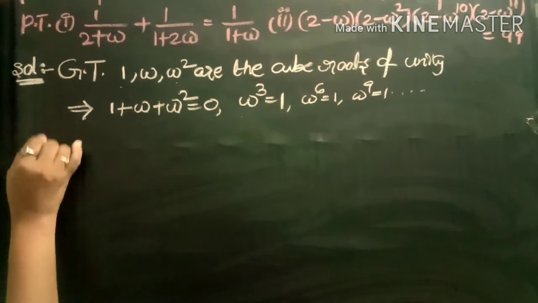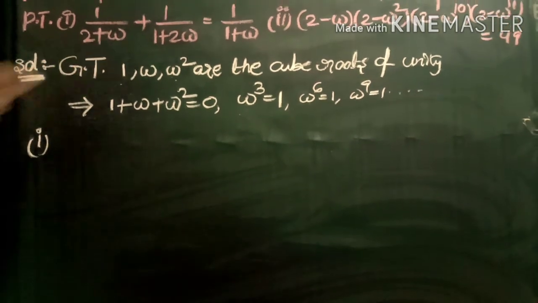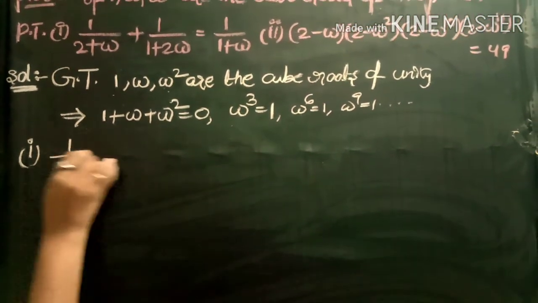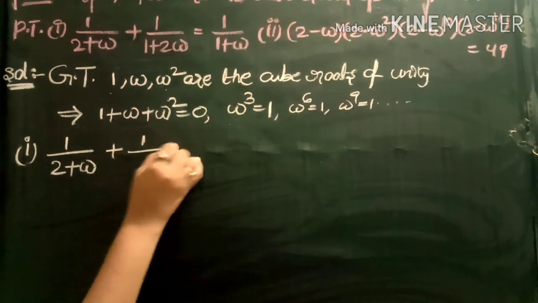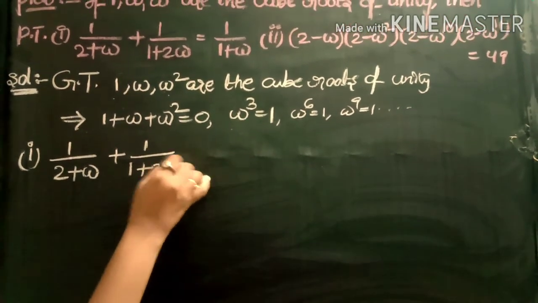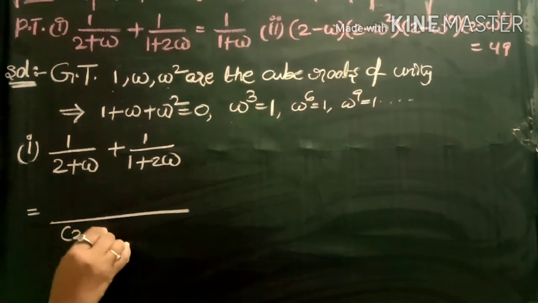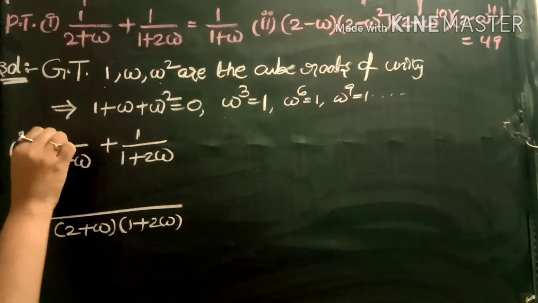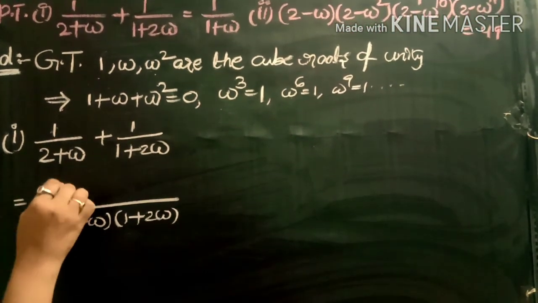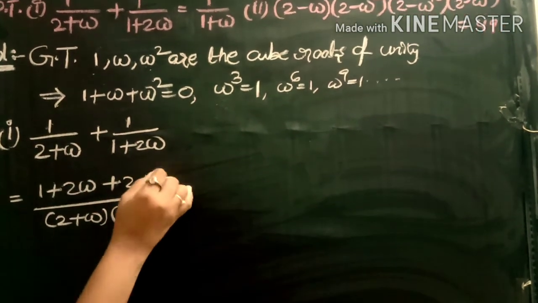So now we want to show the first result. LHS of the first result is 1 by 2 plus omega plus 1 by 1 plus 2 omega. First we take the LCM: (2 plus omega)(1 plus 2 omega). The first term is 1 into 1 plus 2 omega, that is 1 plus 2 omega, and the next term is 1 into 2 plus omega, that is 2 plus omega.